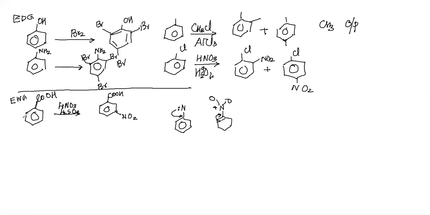Now look at this one, benzoic acid. C double bond O, OH. See that? This is delta negative, this is also delta negative, and the carbon is delta positive.